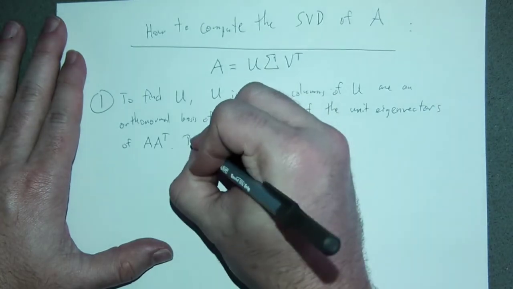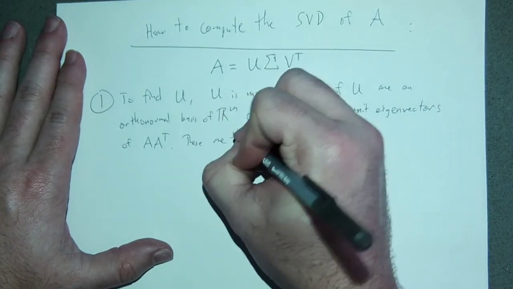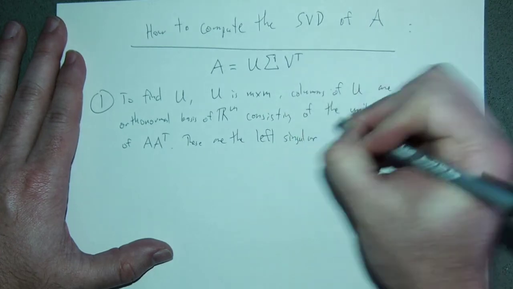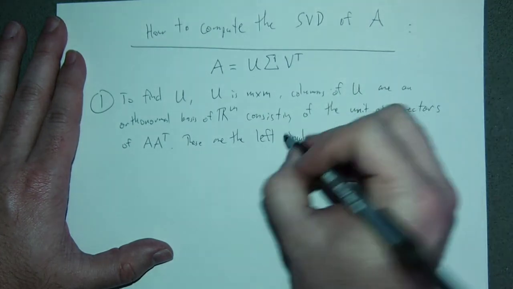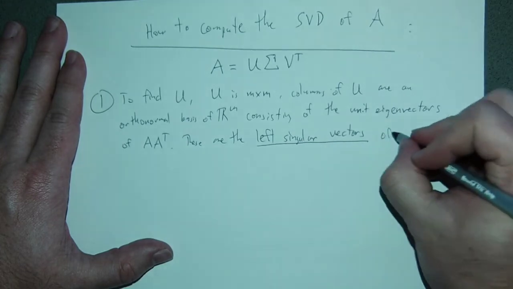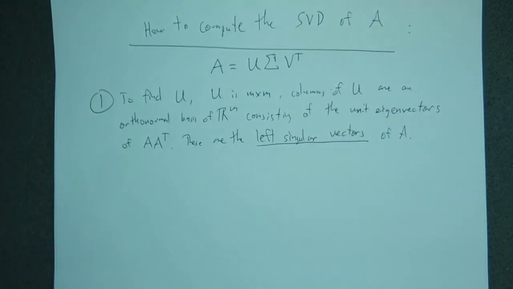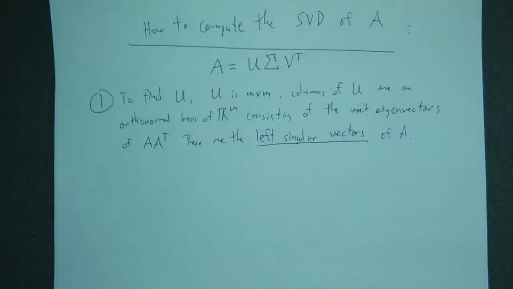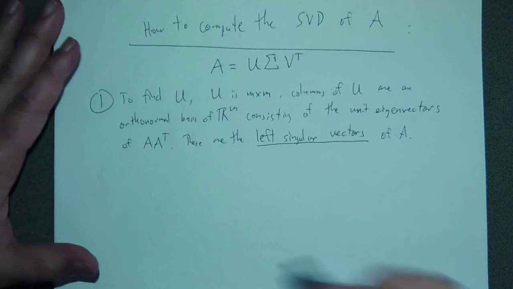So these are the left singular vectors of A. The fact that this works out nicely is a result of parts 1 and 2 of that theorem that I just wrote out. So that's how to find U, and these are called the left singular vectors.